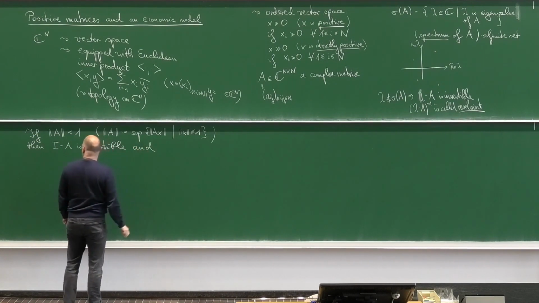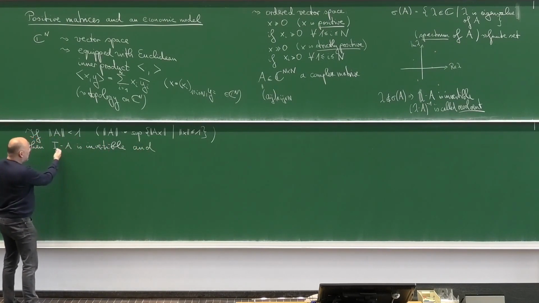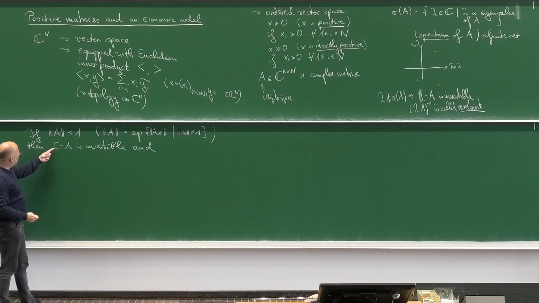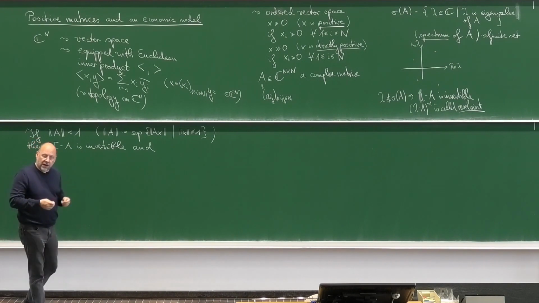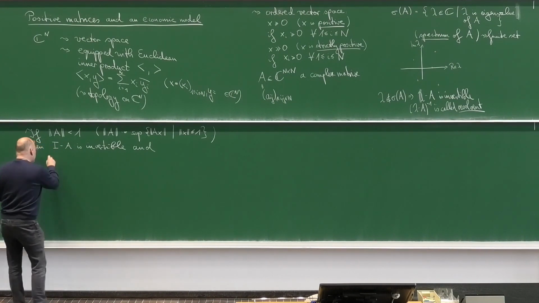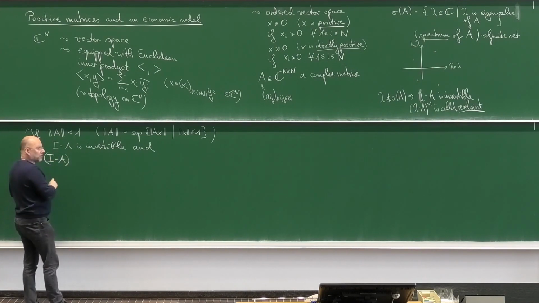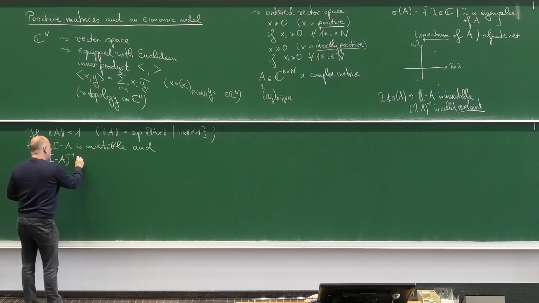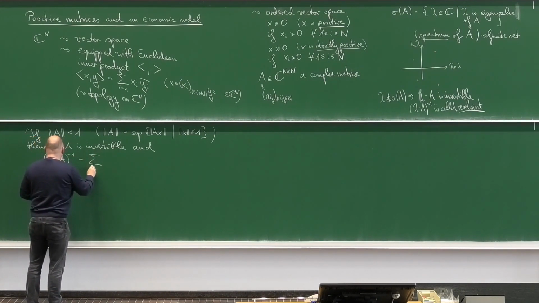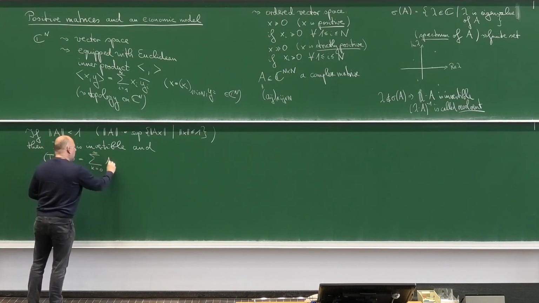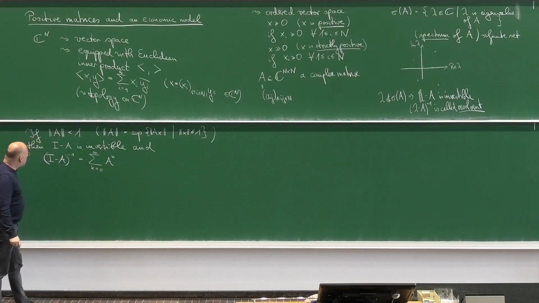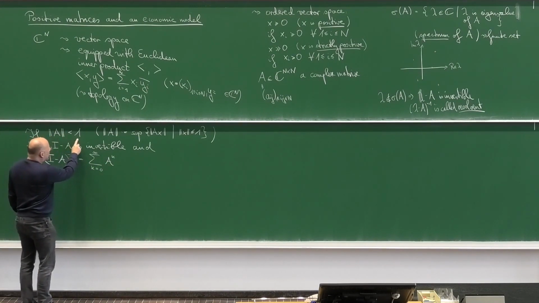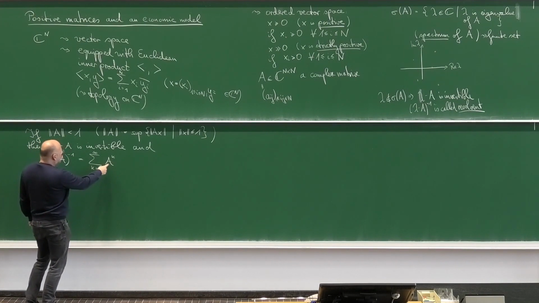And the inverse, well, if A were a number, you would have 1 minus A inverse, or 1 divided by 1 minus A. This is given by the geometric series, which for matrices is sometimes also called the Neumann series: the series from k equals 0 to infinity of A to the power k.